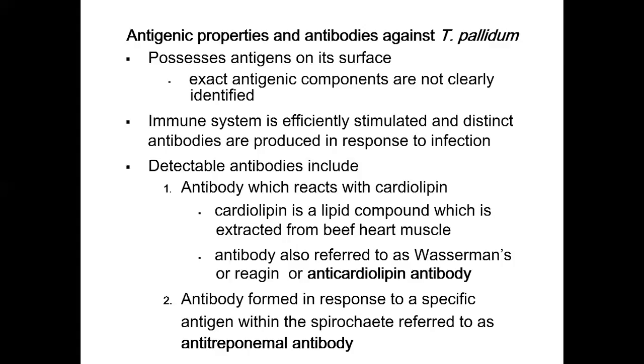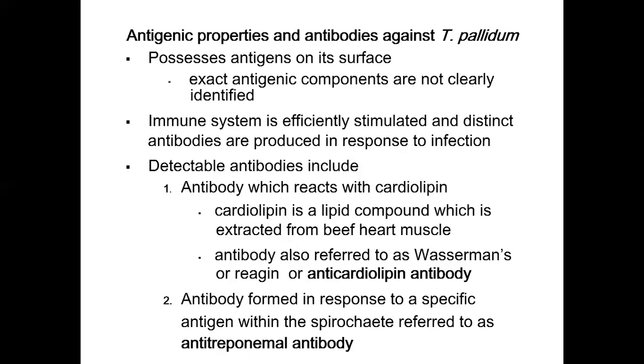One antibody that is important is an antibody which reacts with a substance from outside. It is called cardiolipin. It reacts with cardiolipin, and this cardiolipin is a lipid compound which is extracted from beef heart muscle.